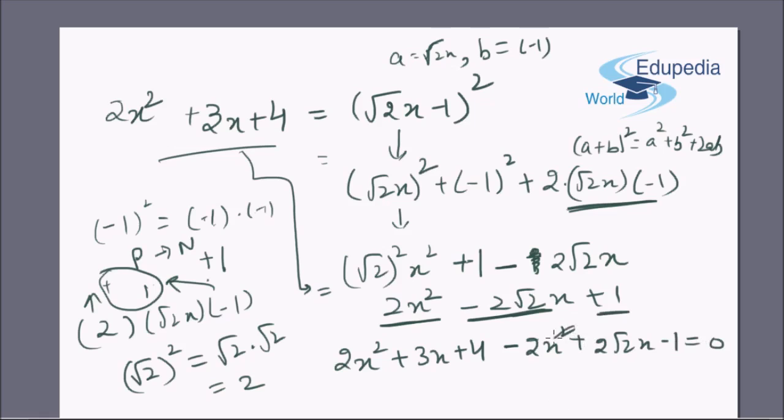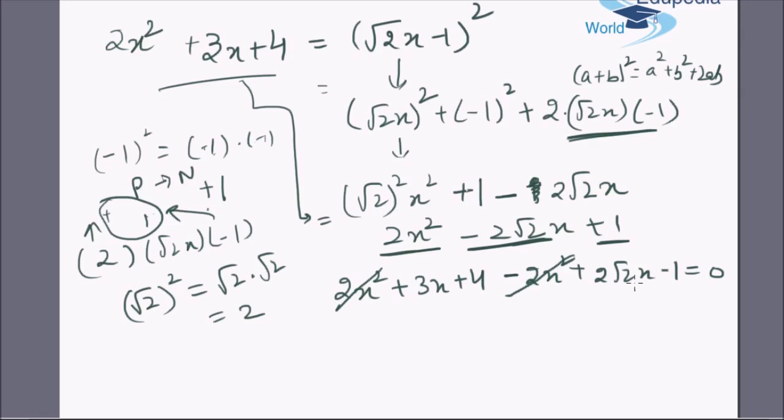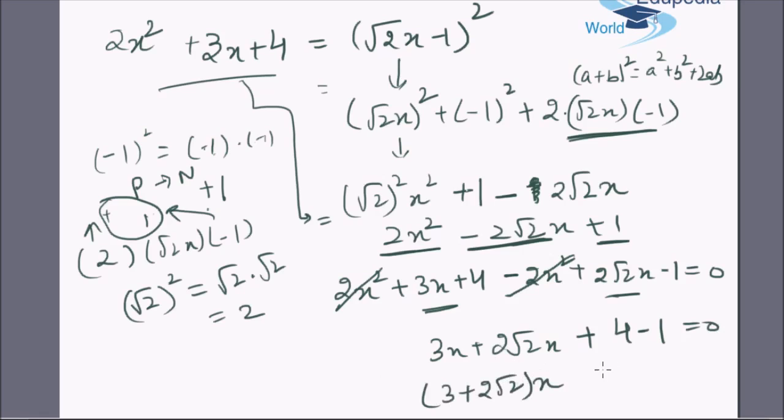This negative of 2x square gets cancelled by this positive of 2x square, and we get 3x plus 2 root 2x plus 4 minus 1 equal to 0. Bringing x common, we have (3 plus 2 root 2) x plus 4 minus 1, which is 3, equal to 0.